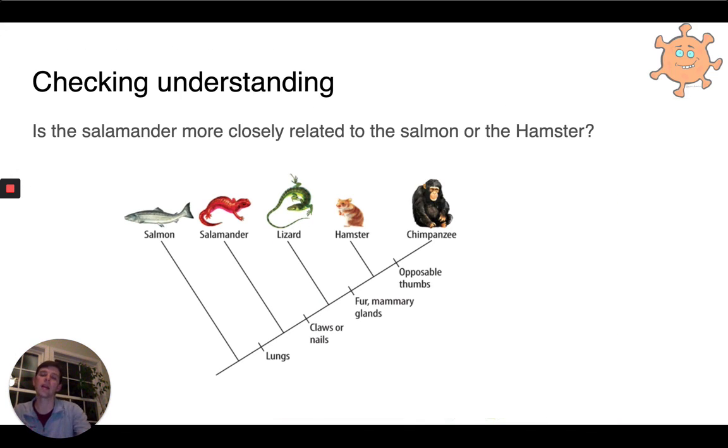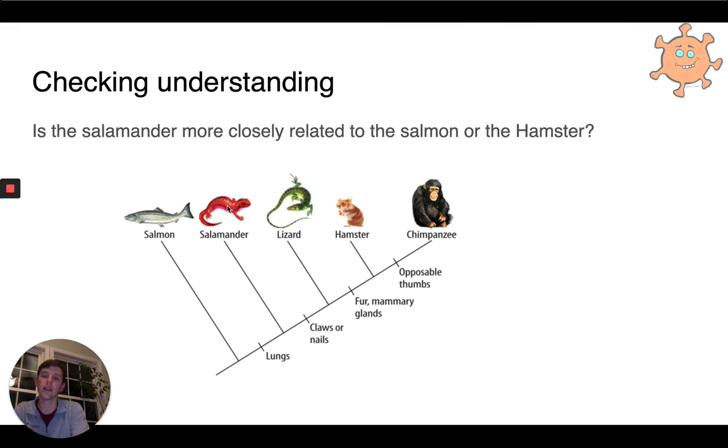Our last question, to check your understanding a little bit: we have the salamander right here. Is the salamander going to be more closely related to the salmon, or is it more closely related to the hamster? Go ahead and write down your answer and see what you think.